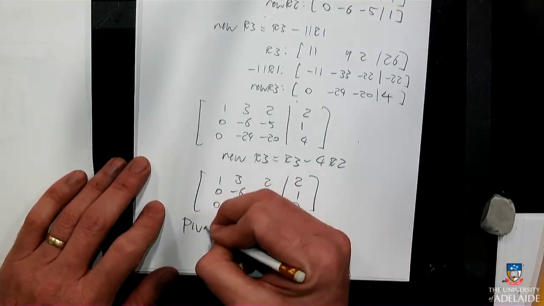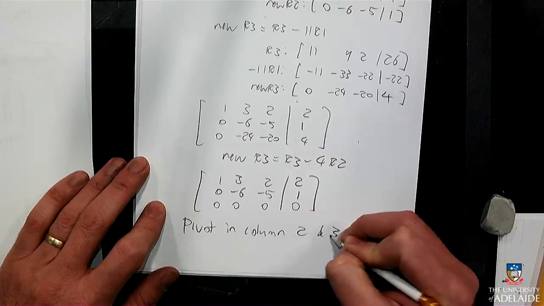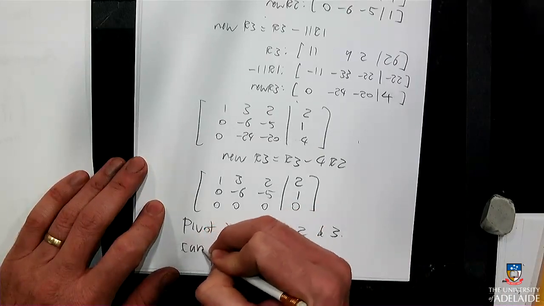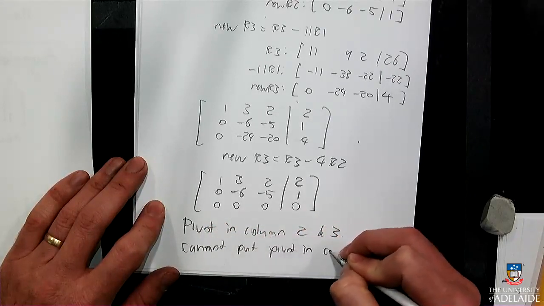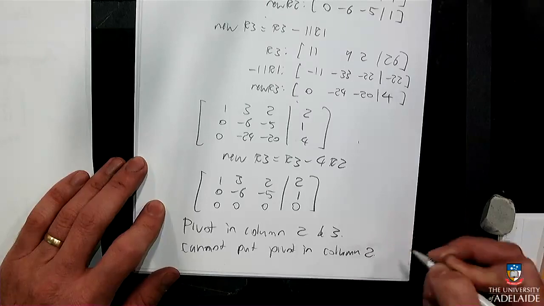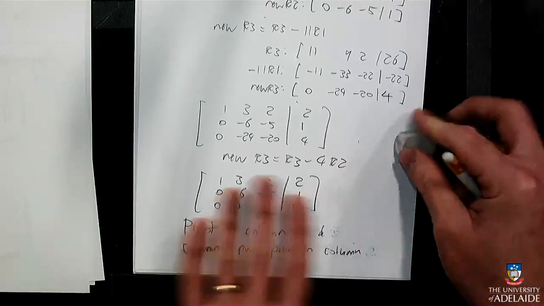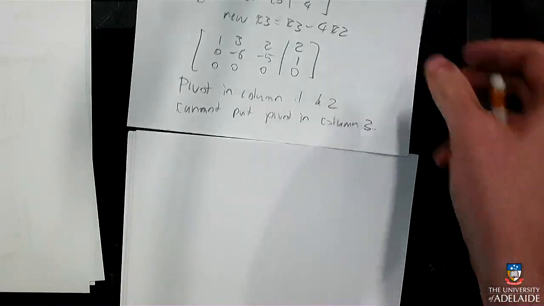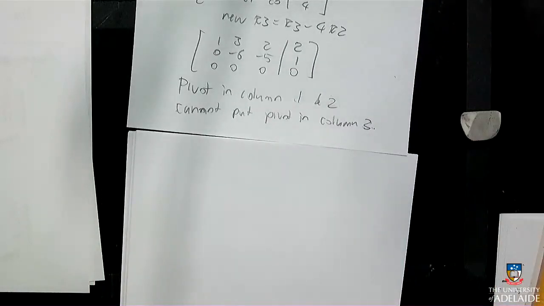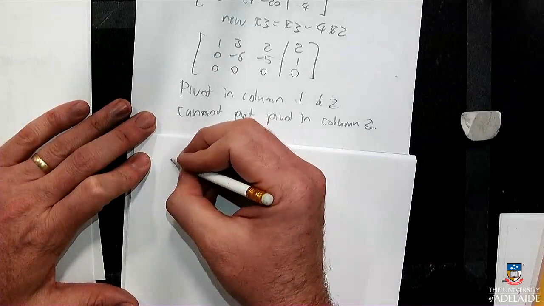So there will be a solution. I get a pivot in column 1 and 2. Cannot put a pivot in column 3. So since there is not a pivot in every column, it's not a unique solution. We didn't get 0, 0, 0 and something not 0, and so there is a solution.